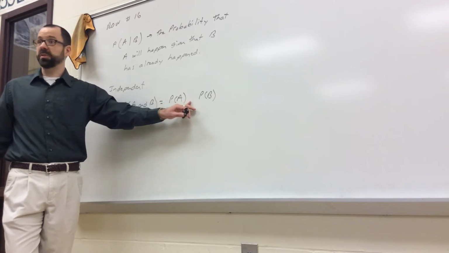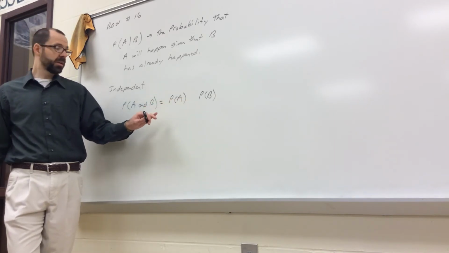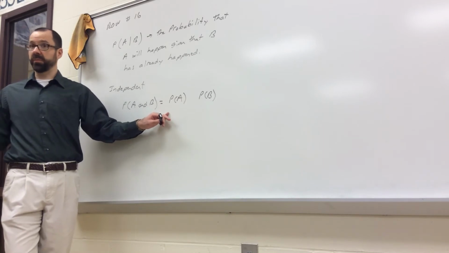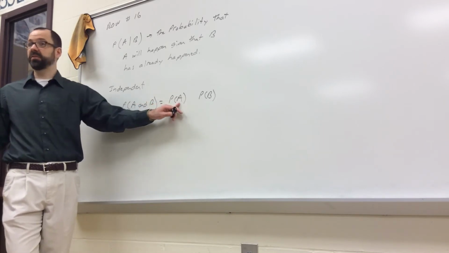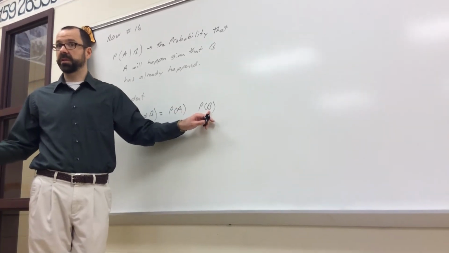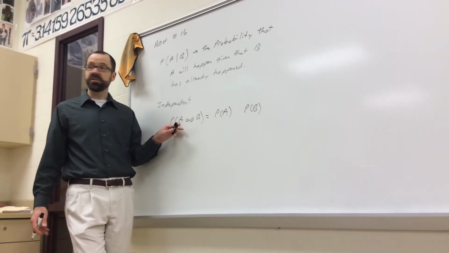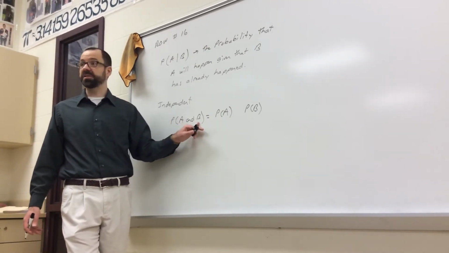And then something goes in between, and I'll tell you in just a second. So back to the example of a coin flip. Let's say A is flipping a coin, and then B is flipping a coin a second time. So we're trying to find the probability of getting tails the first time and tails the second time.